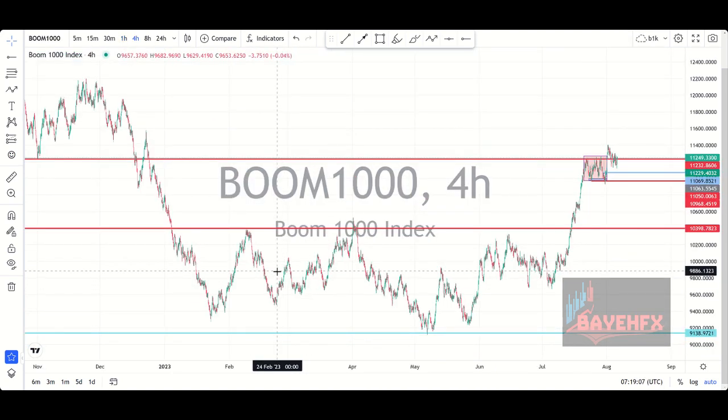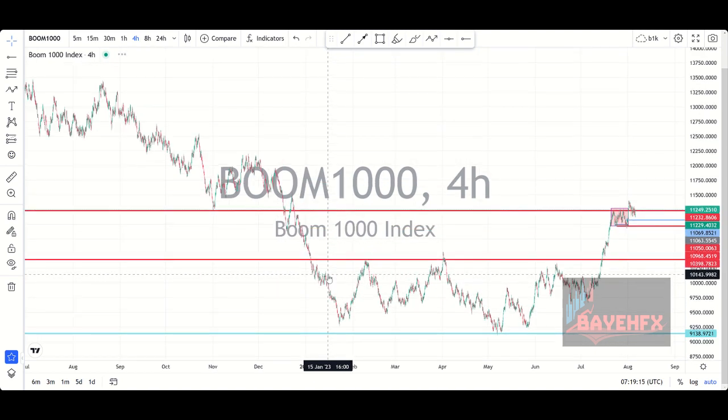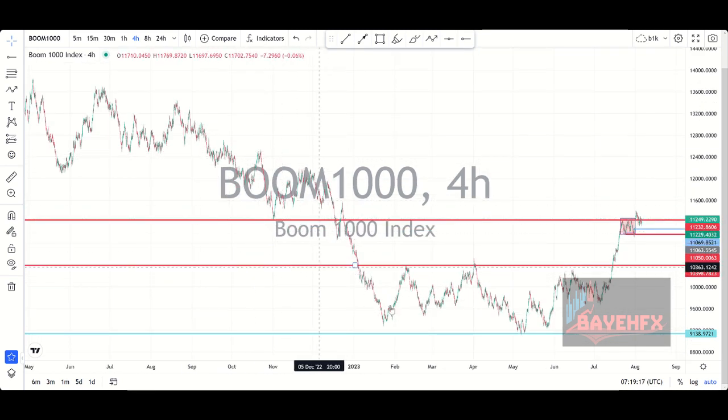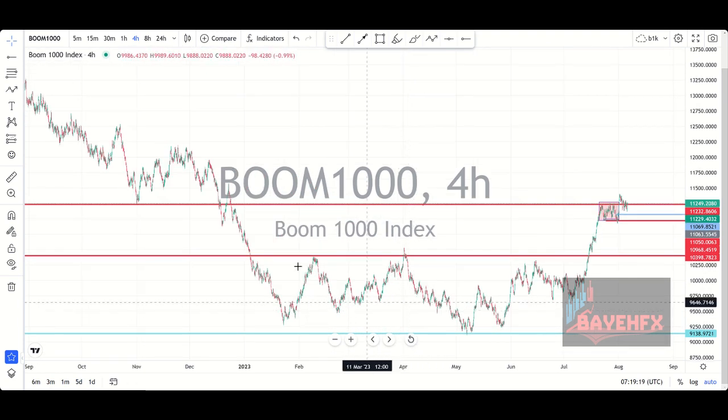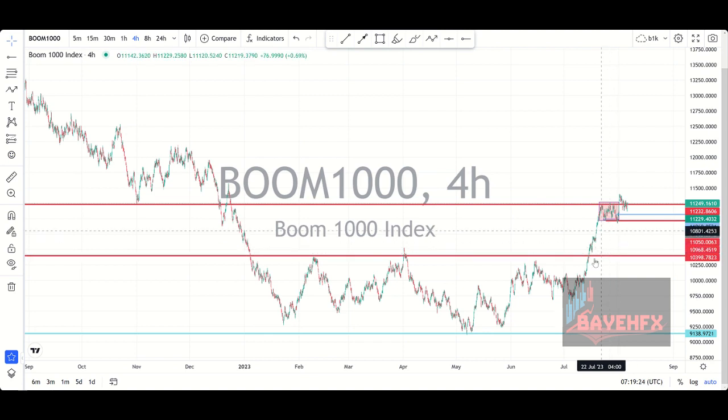Okay, guys, this is a weekly focus on Boom 1000, right? On Boom 1000, we were in a complete bearish movement to the downside, and then we got ourselves in a ranging market before a breakout, and then this breakout signals a bullish movement to the upside.